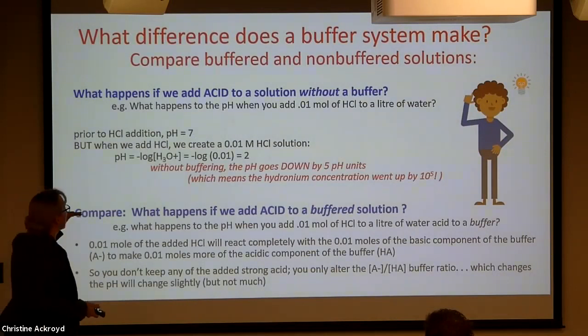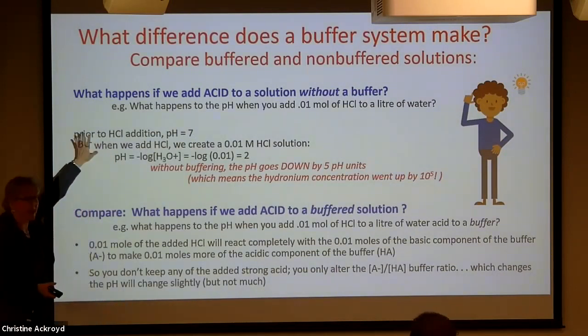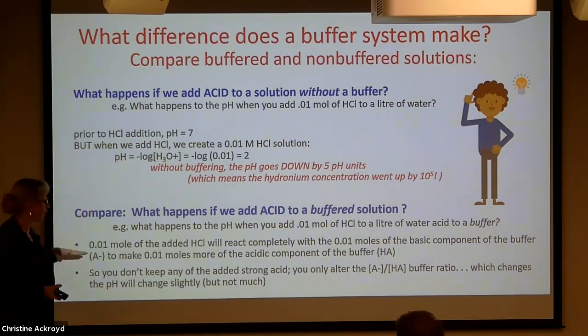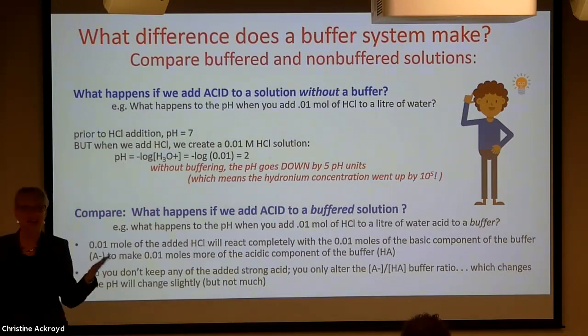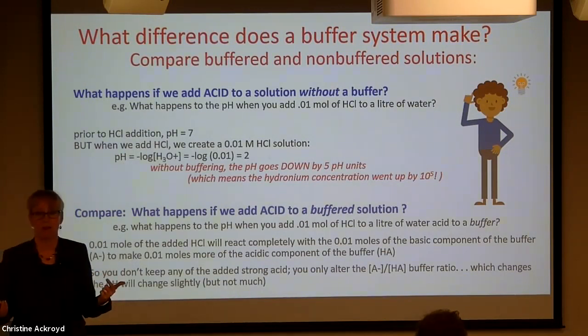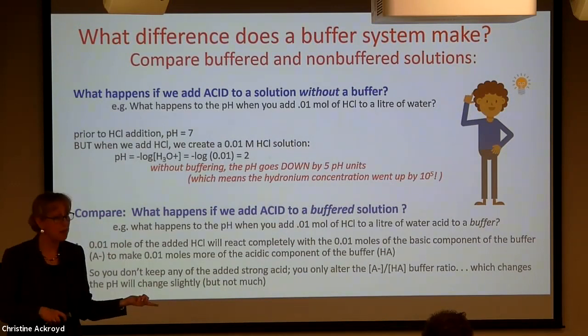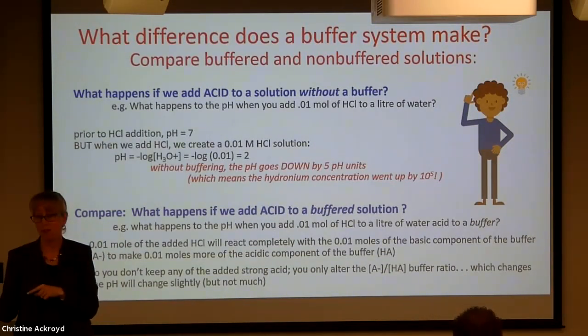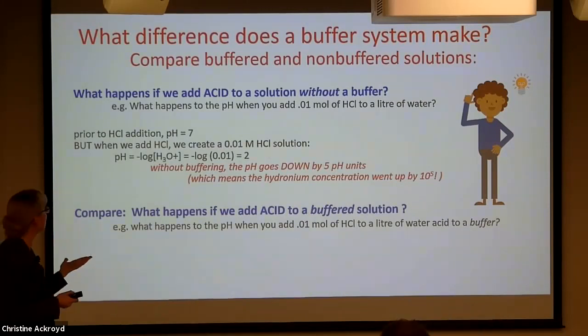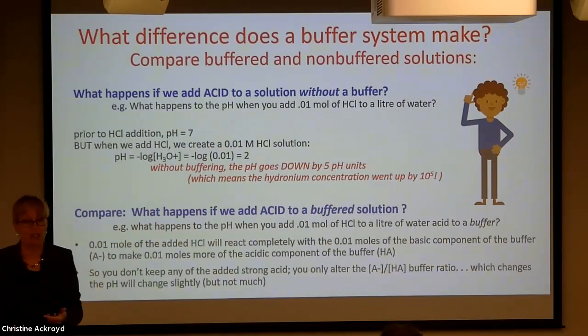Okay, so when we add acid to water, it reacts with water to produce a whole bunch of hydronium. When we add acid to a buffer pair, what does the acid react with? The conjugate base of the buffer pair. What's the product? Conjugate acid of the buffer pair. So all we've done is mess with our A/HA ratio a little bit.